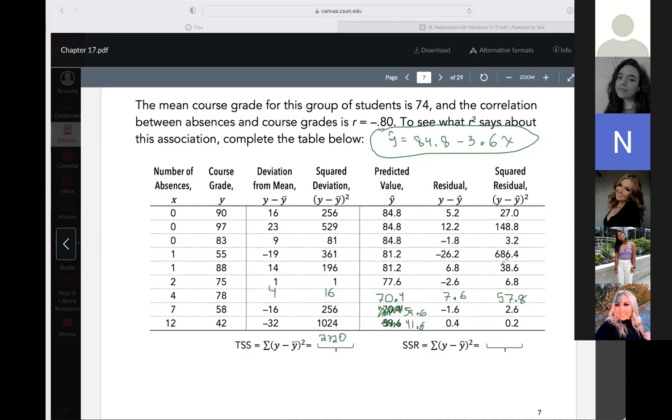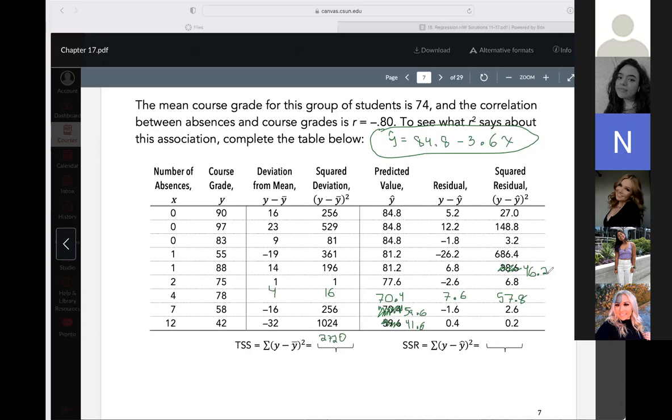Actually, this one doesn't even close. 6.8 squared is 46.2. There are lots of mistakes here. Whatever. Well, let's try this one more time.